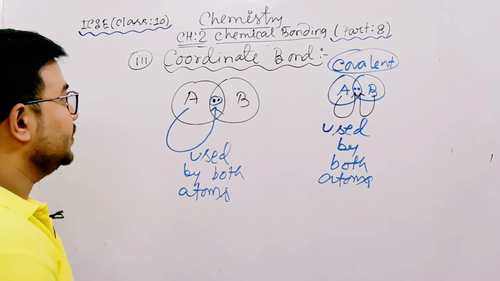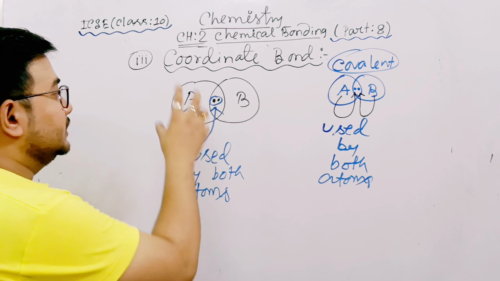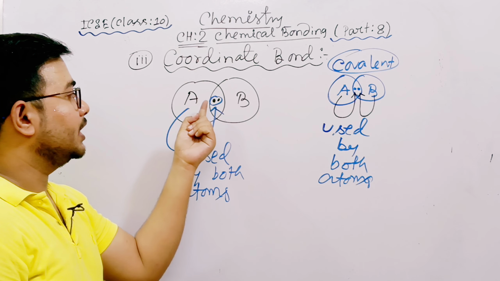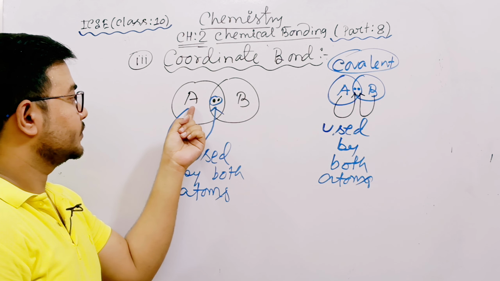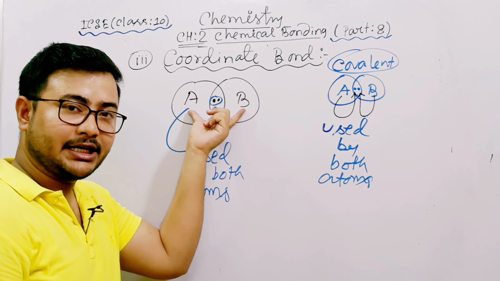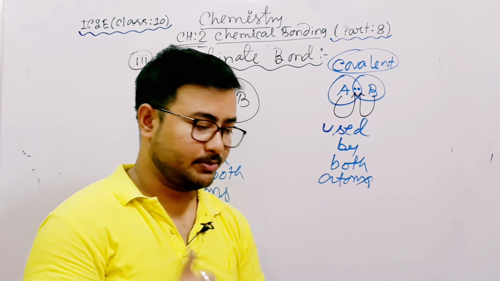Now if I ask you what is a coordinate compound, the same: the compound that is formed by donation of a pair of electrons entirely by one atom but used by both the atoms, then this compound is known as a coordinate compound.